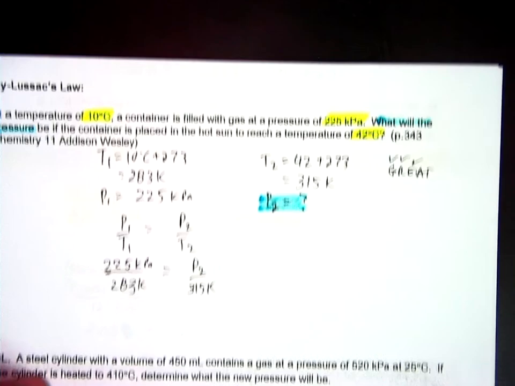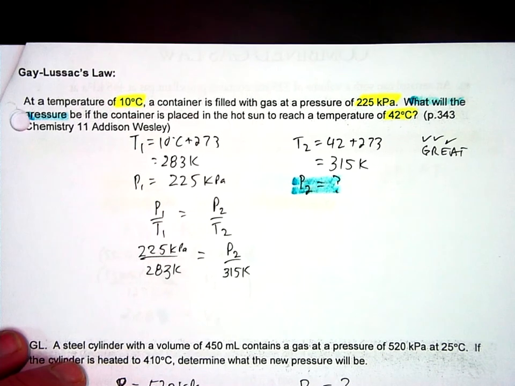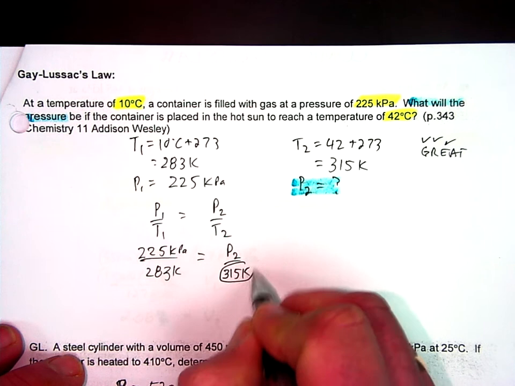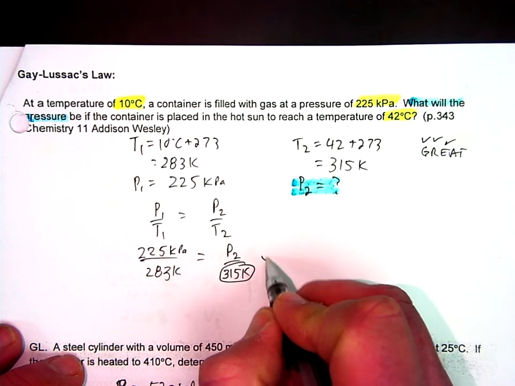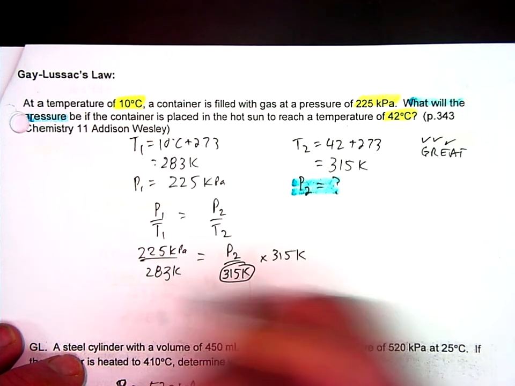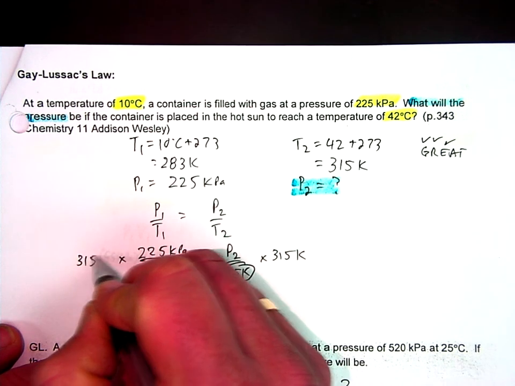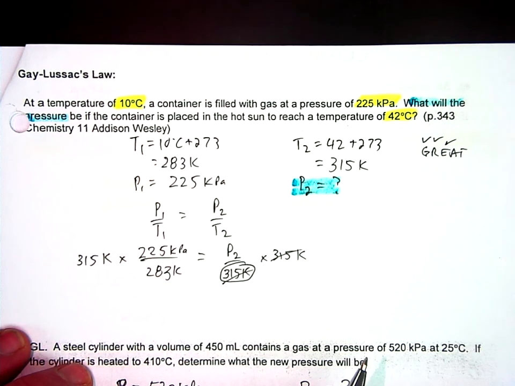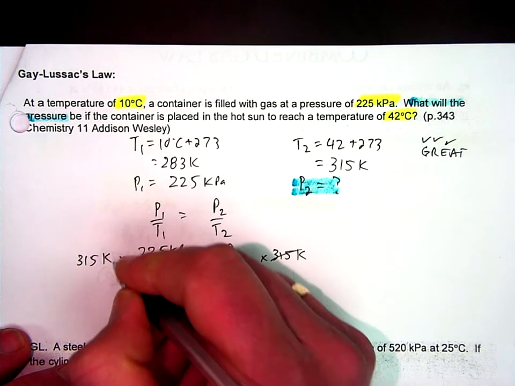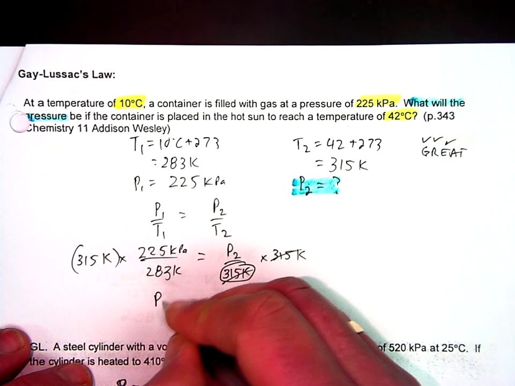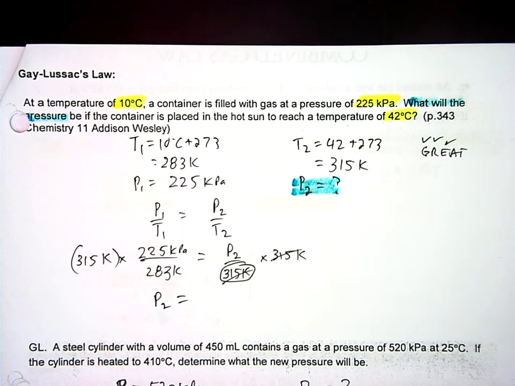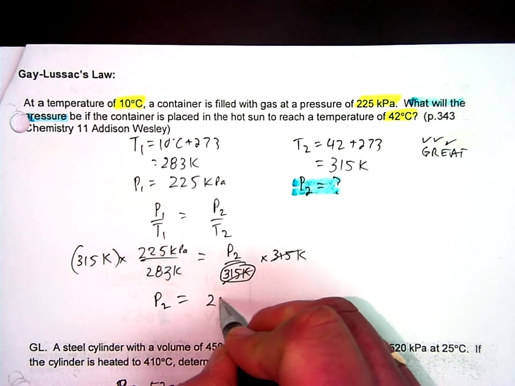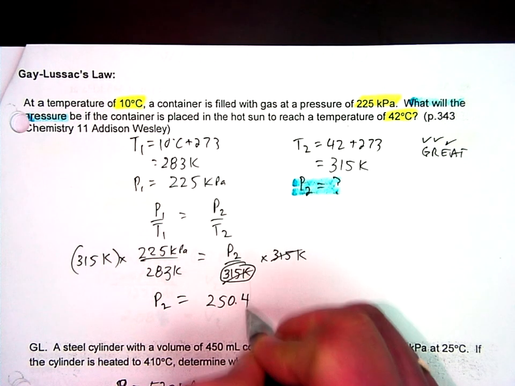I'm going to do this one in the simple format. Okay, this is down on the denominator. It's being divided, so I'm going to multiply by 315 Kelvin. These will cancel, and then all I have to do is multiply here, and I get my new pressure. So 315 times 225 divided by 283, 250.4 kilopascals.